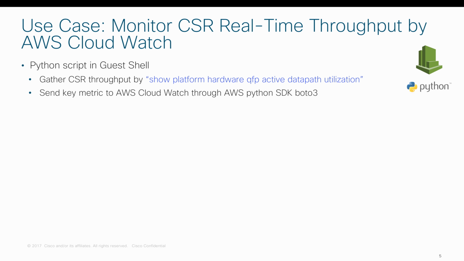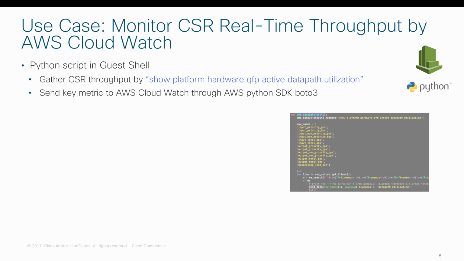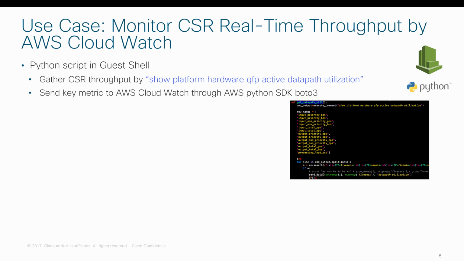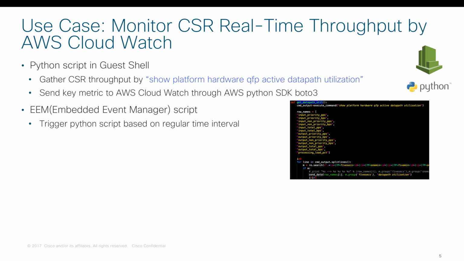You have a Python script in GuestShell gathering the CSR throughput by show platform hardware QFP active datapath utilization, and you can send those key metrics to AWS CloudWatch through the AWS Boto3 Python SDK, which here is the script. This is also available in my sample.